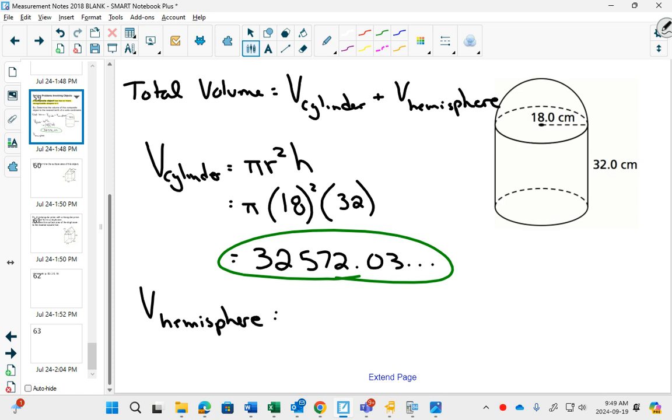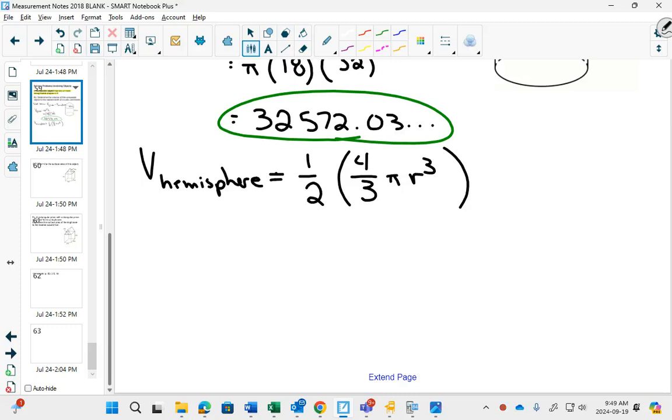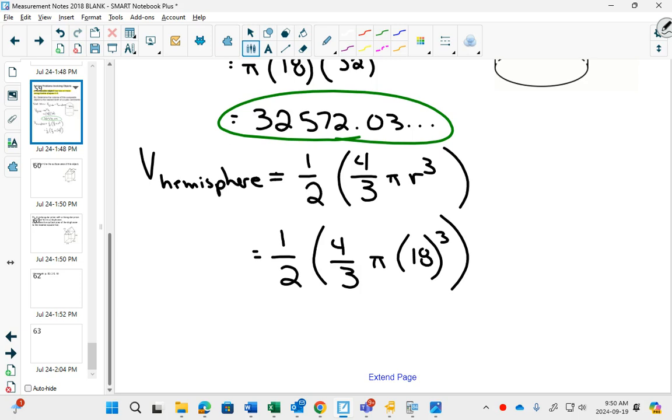Now we're going to find the volume of our hemisphere. It's going to equal half of the volume of the whole sphere. So I go to my formula sheet, and I look at the volume formula for a sphere. And I plug in everything again.